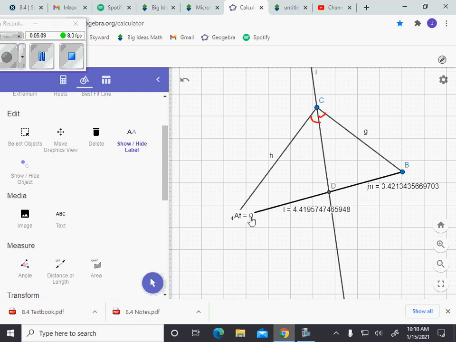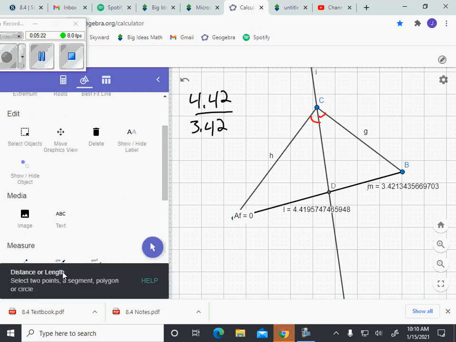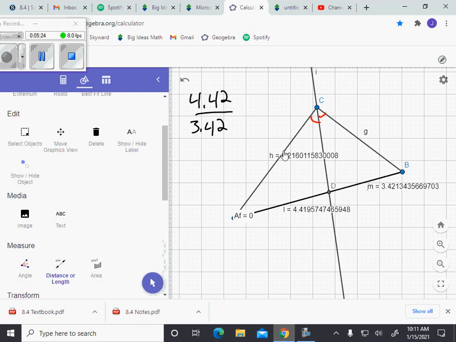So we have 4.42 over 3.42. And this next distance should be just fine. The distance of h is that. The distance of g is that. So we have 6.21 over 4.81.